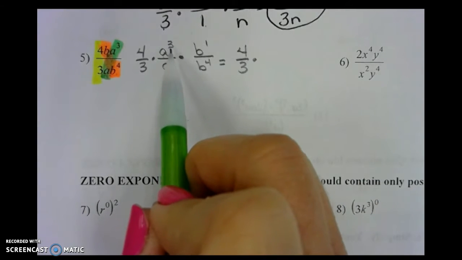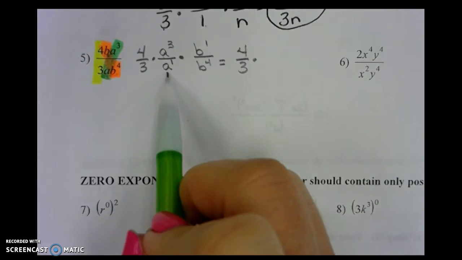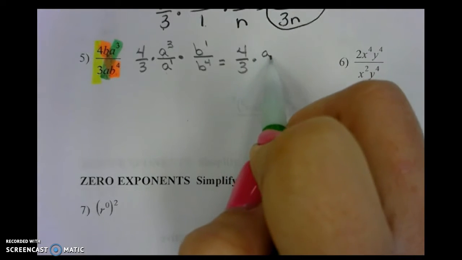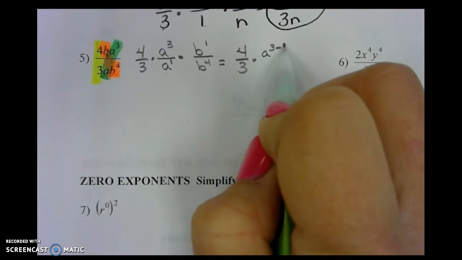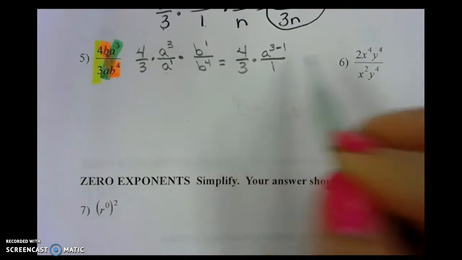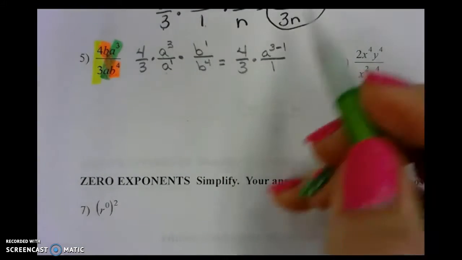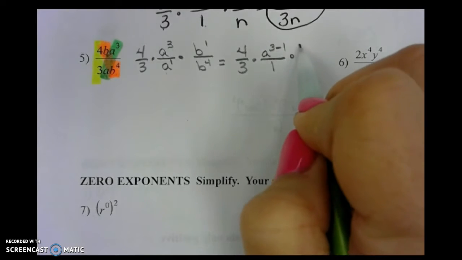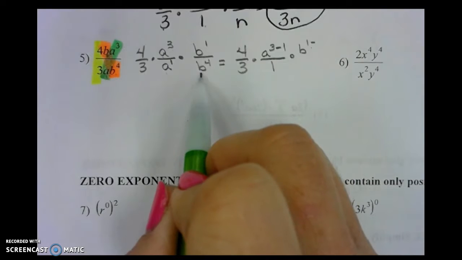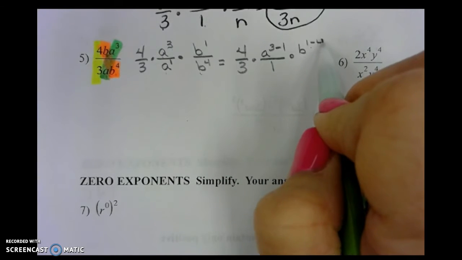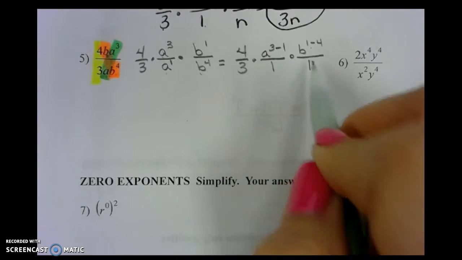Now we have got a to the third divided by a. So we have 3 factors of a being divided by 1. So we'll subtract that 1 factor and leave a 1 in the denominator. Then we've got b to the 1. And we're going to subtract the 4 b's that was in the denominator, leaving us with just 1.